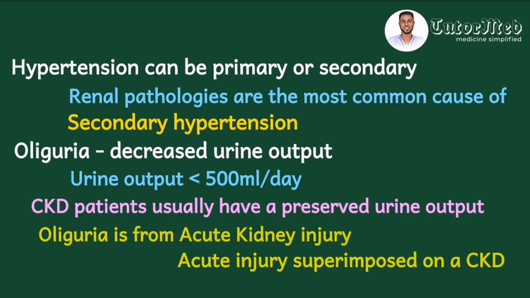And in a CKD patient, one of the most common causes of a superimposed acute injury is UTI. And so UTI can cause acute on chronic kidney disease in a patient who already has CKD. And so you understand why the diagnosis became an acute on chronic kidney disease, right? Very good.